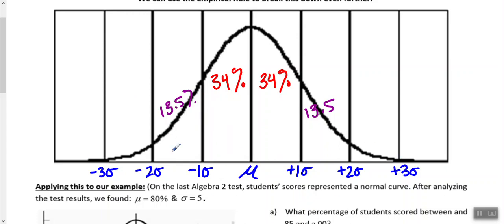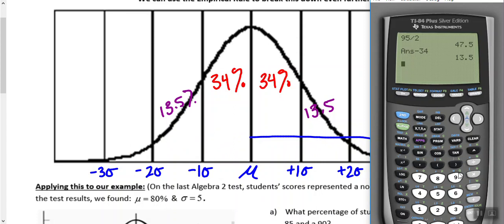Then we're going to do the same thing with our 99.7. So the whole thing here is 99.7. But if I cut that in half, I need to figure out that number. I'm going to go to my calculator. I'm going to take 99.7 divided by 2. That gives me 49.85.